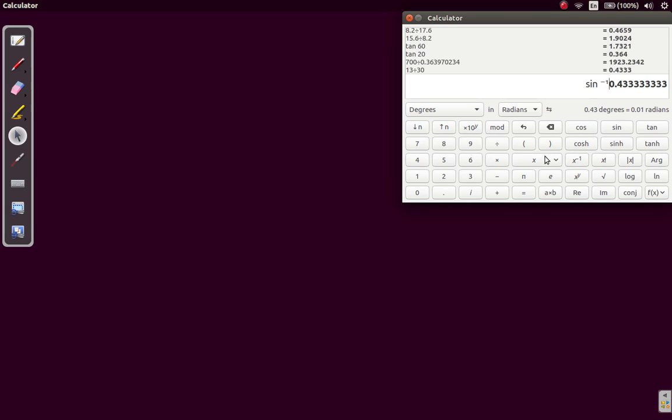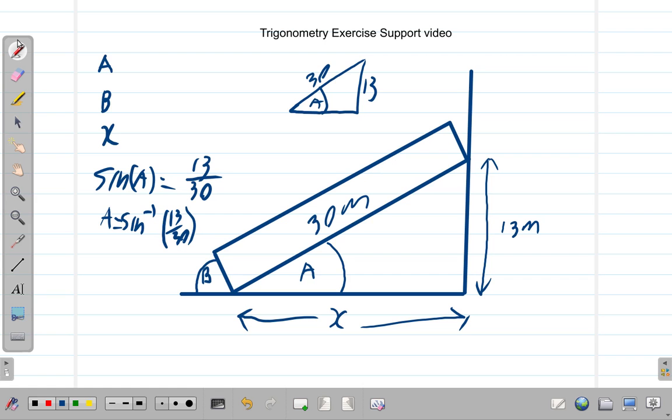On my calculator here, I do this and I get 25.68. So A is 25.68 degrees. Alright? Now what about angle B?